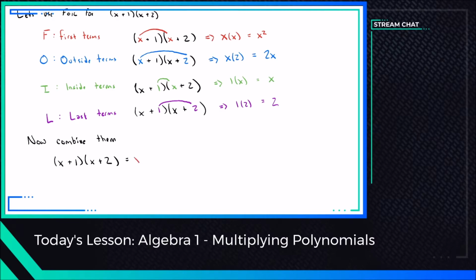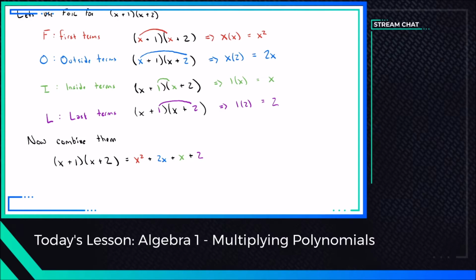So we're going to have an x squared plus a 2x plus an x plus a 2. So each one of these terms that we just found, our first terms, our outside terms, our inside terms, and our last terms, we're just going to add them all together, and that is going to be our answer.